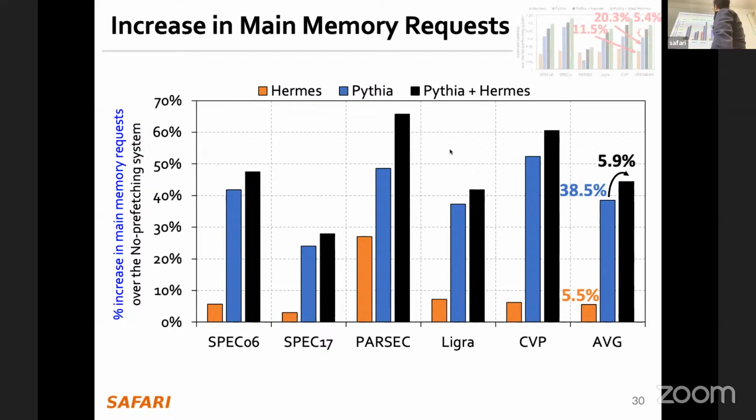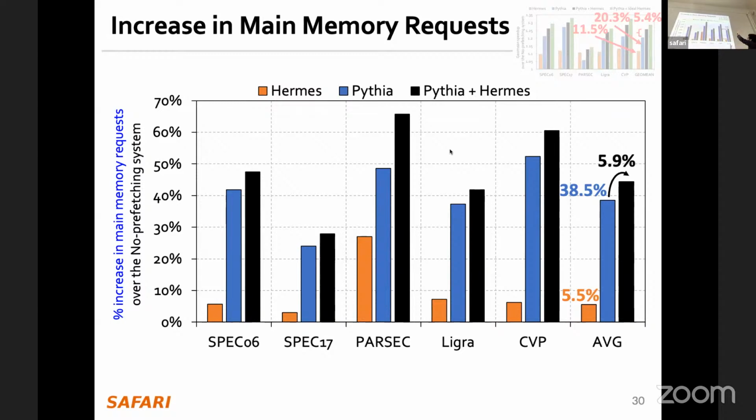Now, the good part is that if you compare these numbers with the performance numbers that you saw in the last slide, the y-axis is normalized to the same baseline in both cases. For 11.5% performance benefit over the baseline, you are only increasing memory requests by 5.5%.